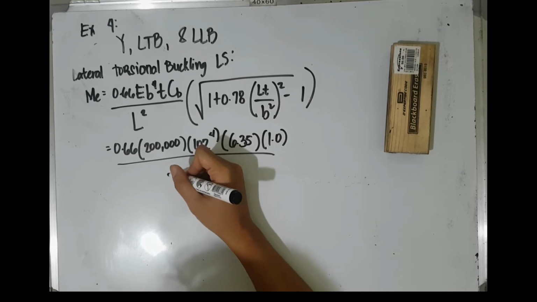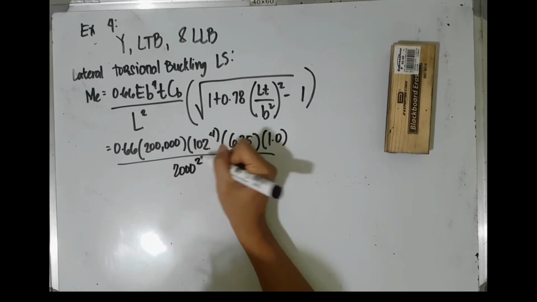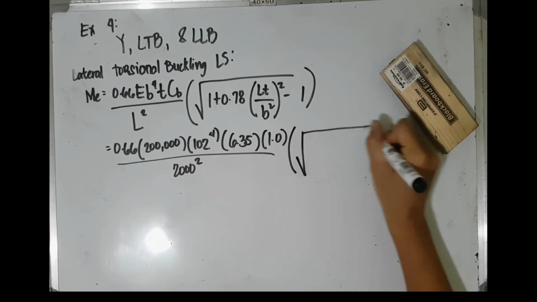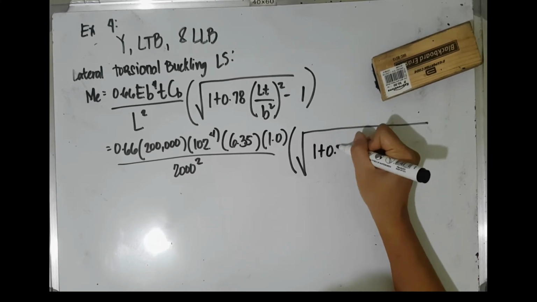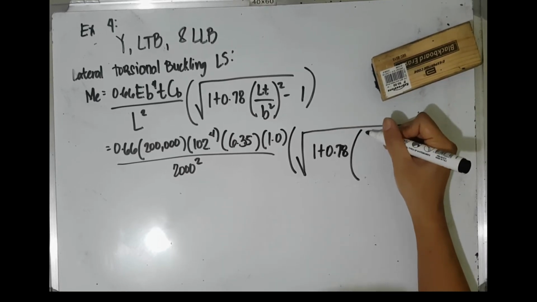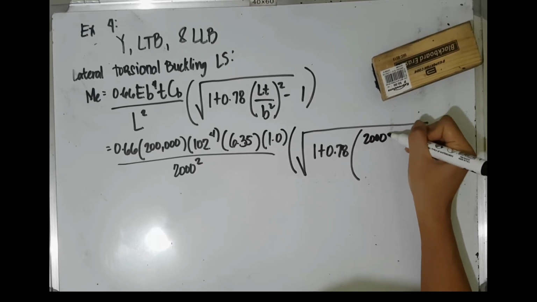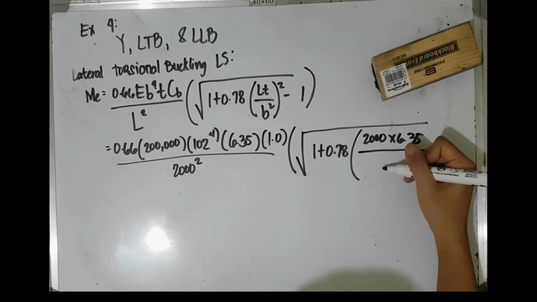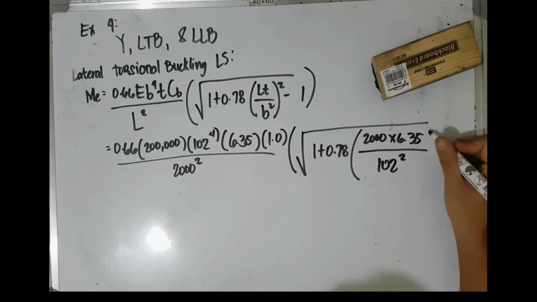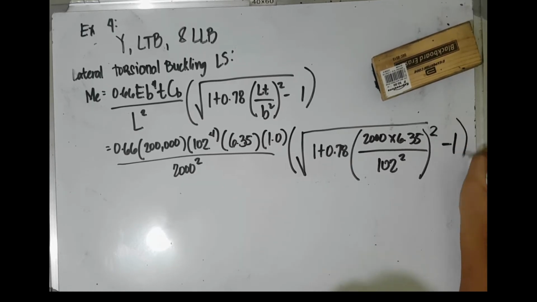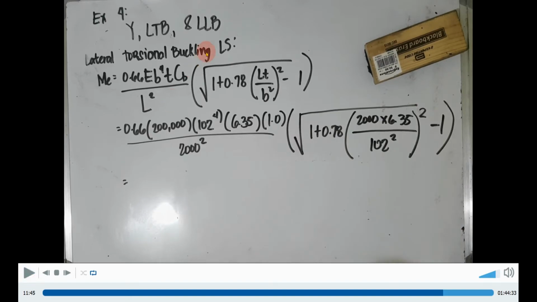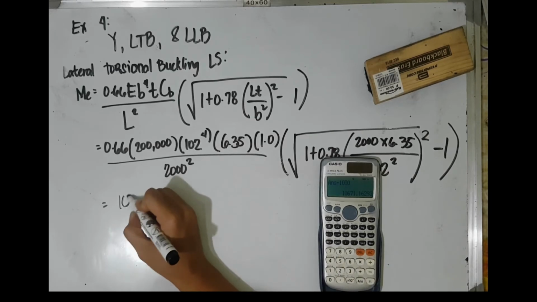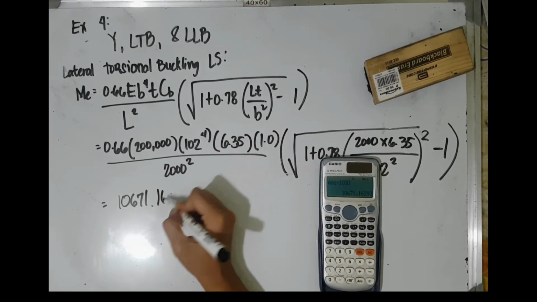Length is equal to 2000 millimeters. So it would now be equal to 10,671.16 Newton meter.